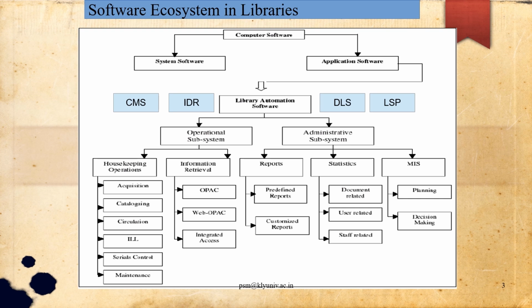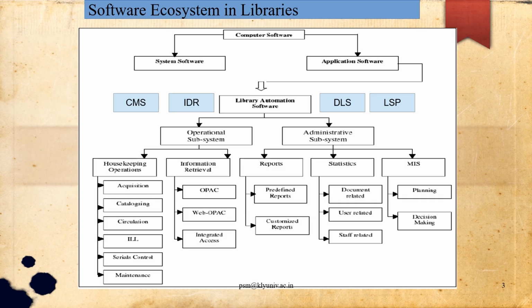Then comes the core component of this ecosystem, that is called library automation software or integrated library system. In this way, you can have a digital library system, DLS, or LSP, library service platform, which integrates all kinds of application software, retrieval interfaces of your library OPAC, your digital library system, into a single-box search system.